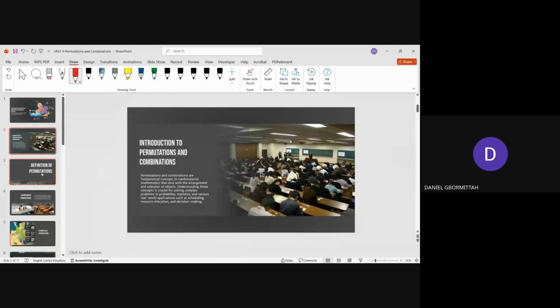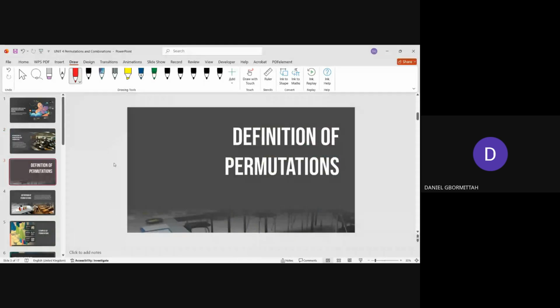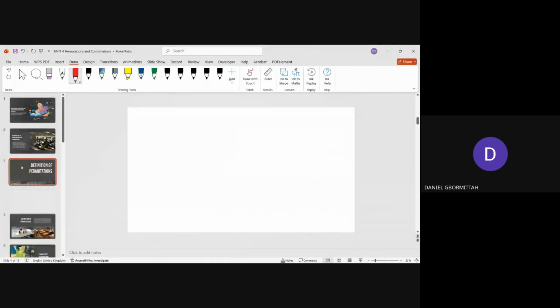So in this unit, we'll be introducing ourselves to the concepts that have been mentioned earlier, that is permutations and combinations. I want you at this point to make your little observations, your little research on what goes into permutation. What is permutation in mathematics or in statistics?